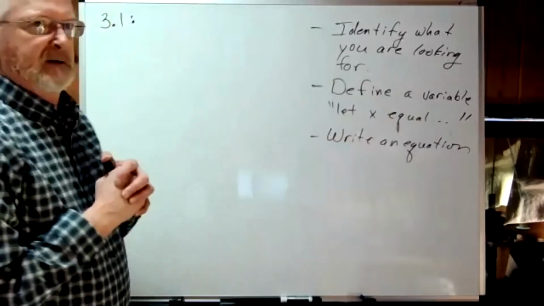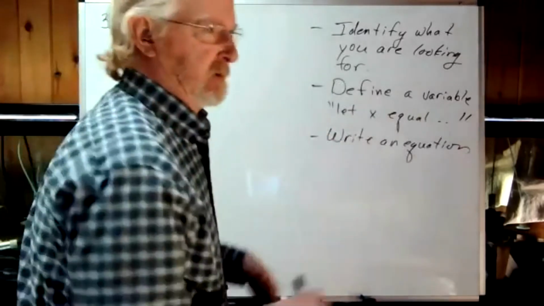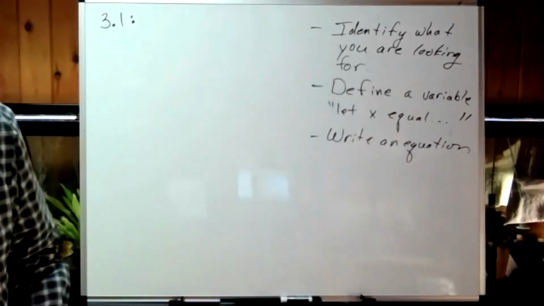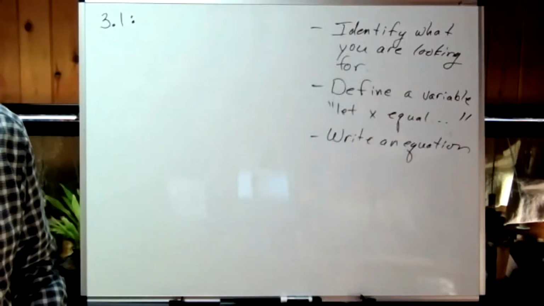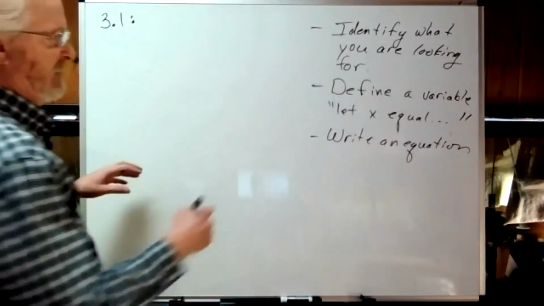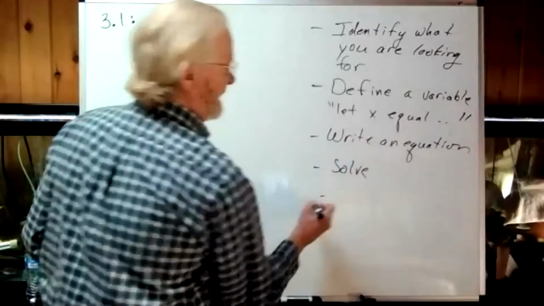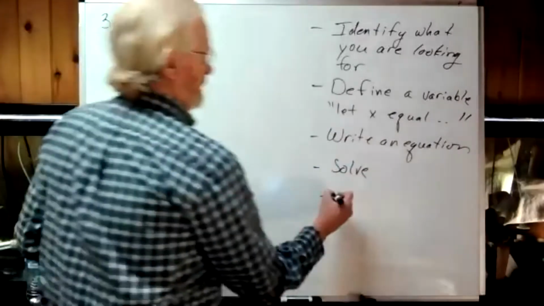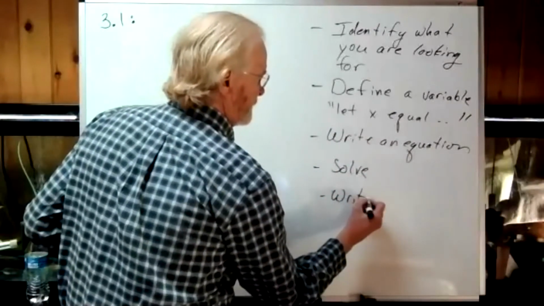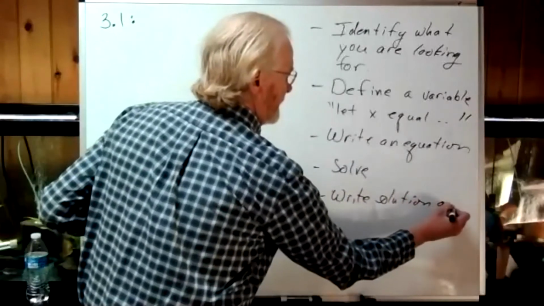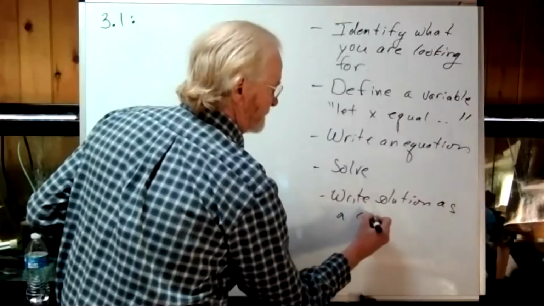You know, 350 is the result of what I'm doing. And basically from there, once you get there, you're going to solve. And especially for application or word problems, write your solution as a complete sentence.